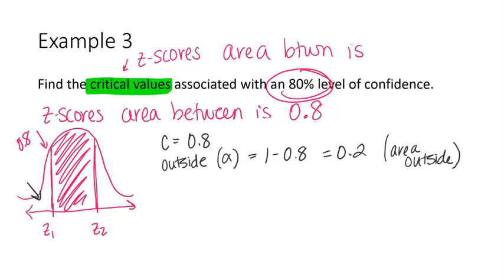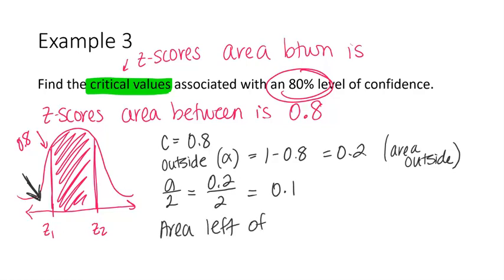Of course, we know that we need it on only half. So I take that alpha, that A, that area outside, and I cut it in half. 0.2 cut in half is 0.1. And I use that as area left of my first z-score.